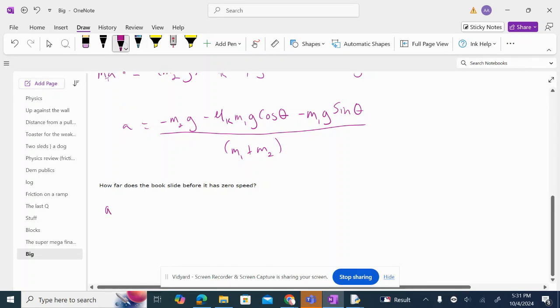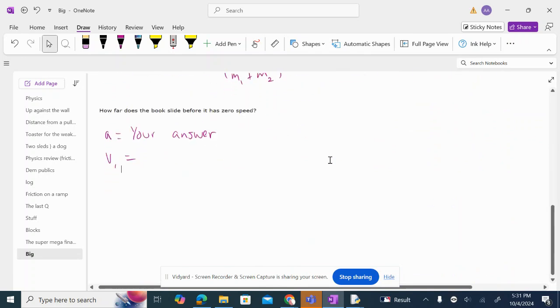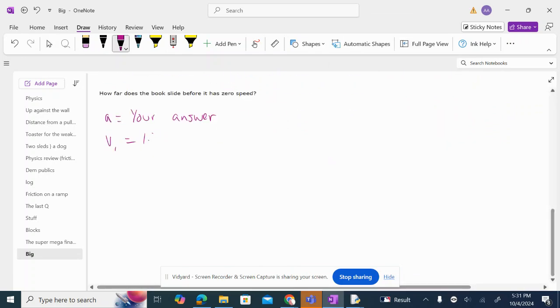So a is going to equal your answer. And then our vi is going to equal whatever number they gave you up here, which for me is 1.71 meters per second. And then you're going to have your vf, which is going to equal 0 because we want it to have a 0 speed.